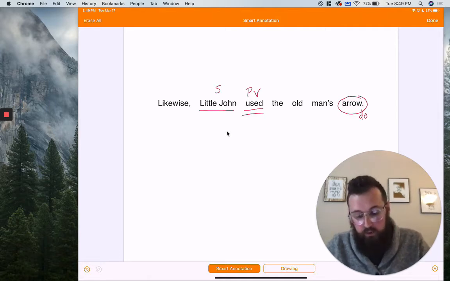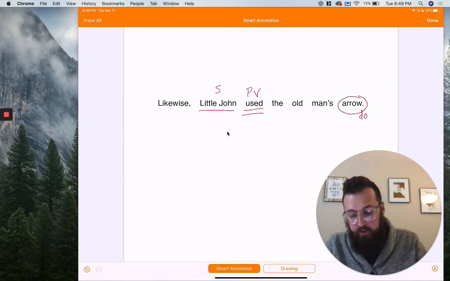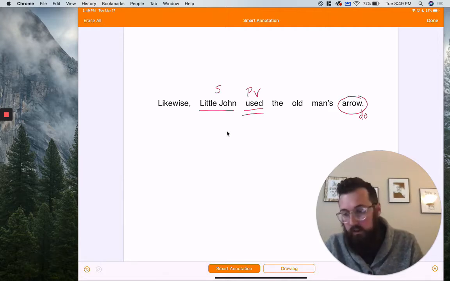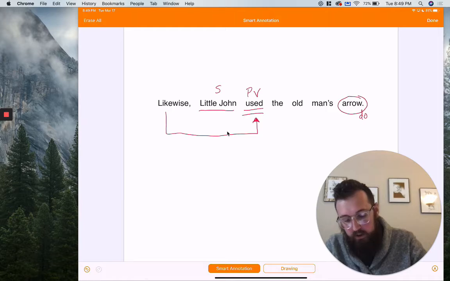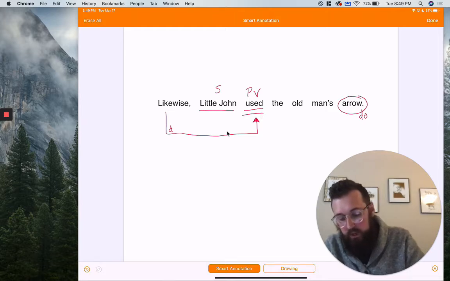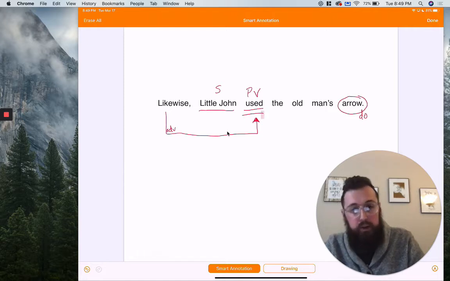Now here's where all my modifiers come about. Let's start at the start of my sentence. Likewise is describing how he used it. So that is going to be an adverb because it's describing a verb.